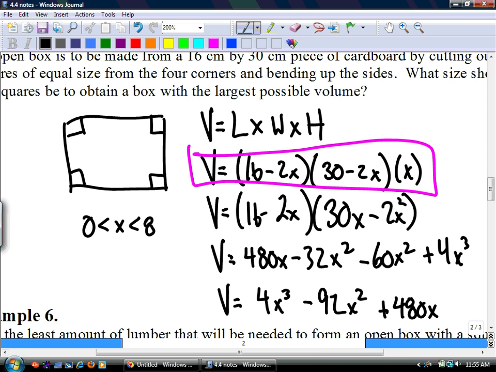Where does that domain come from? If you have a box 16 by 30, if you cut squares of sides 8, you're actually doing this. Well, how much volume does it hold? If you make squares of side 8, you're actually just folding the paper in half. Half of 16.